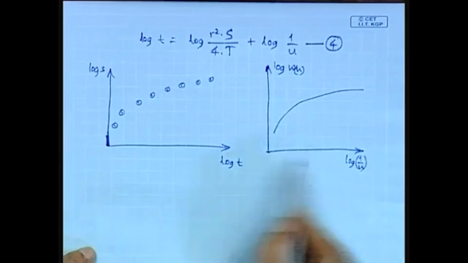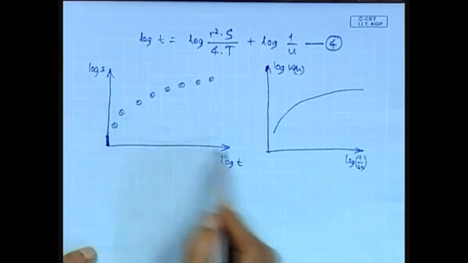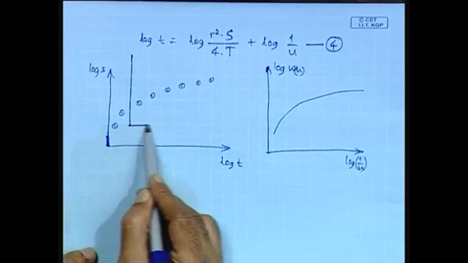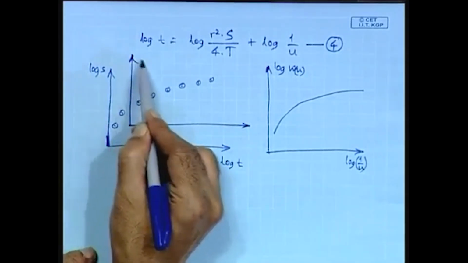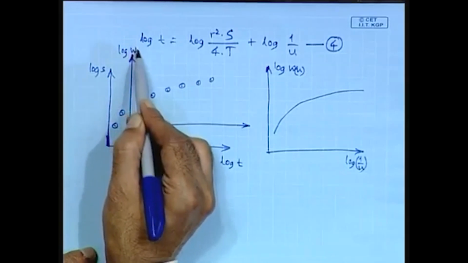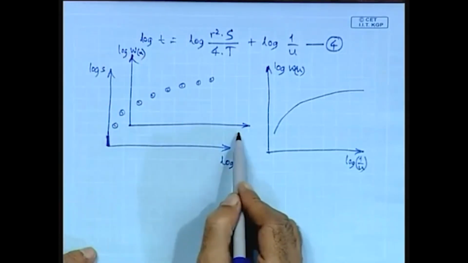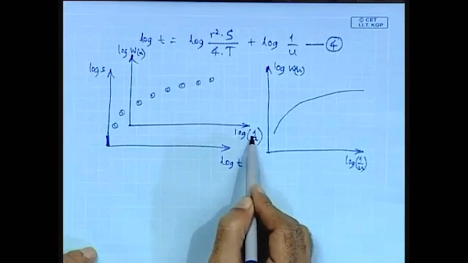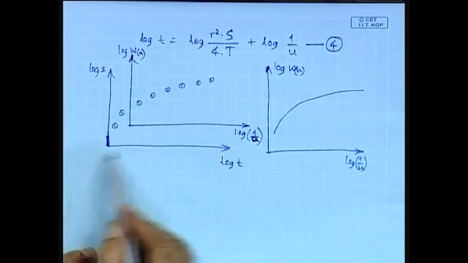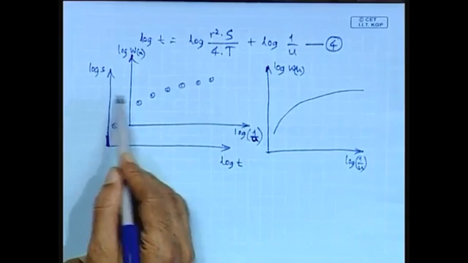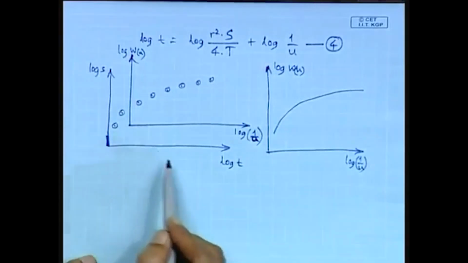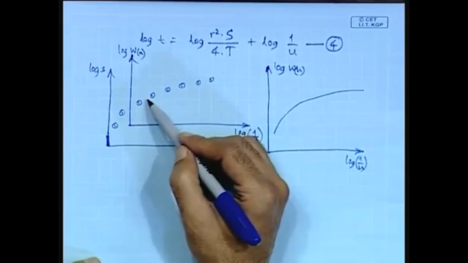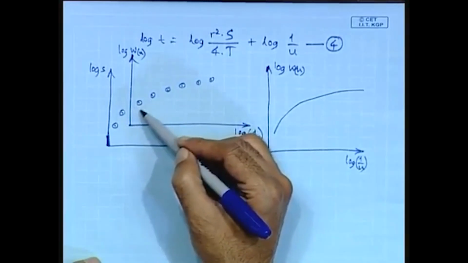That means, on the plot of log s versus log t, the log of well function W and log of the reciprocal of the well function parameter 1 by u is superimposed such that both pairs of axes are parallel and the curves more or less match.